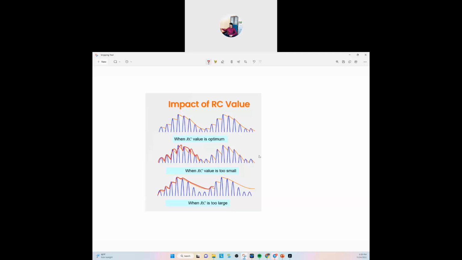If it's too small, it will look like a ripple. If too large, it will look like clipping. So this one is the optimum value of our RC time constant.